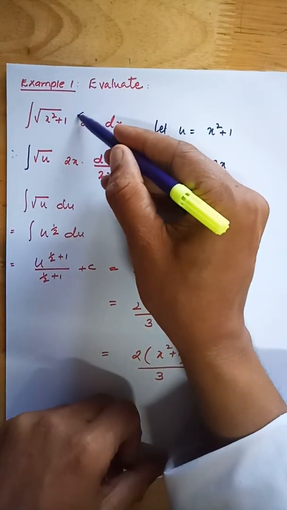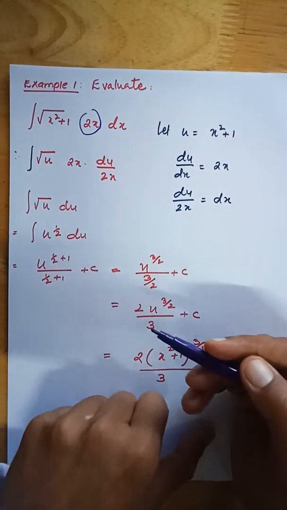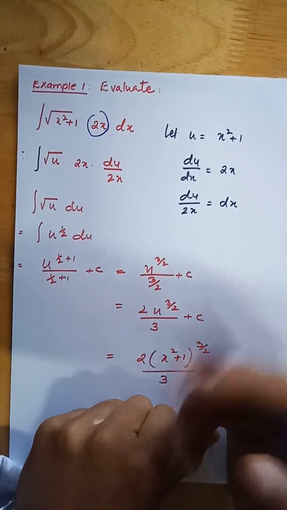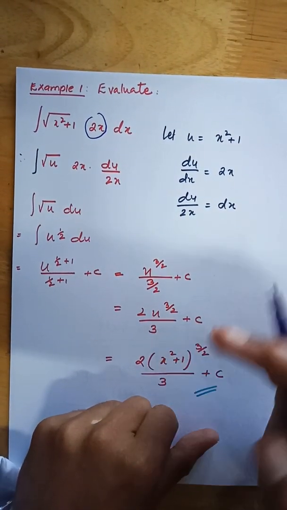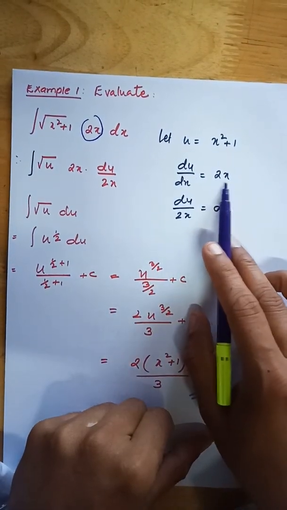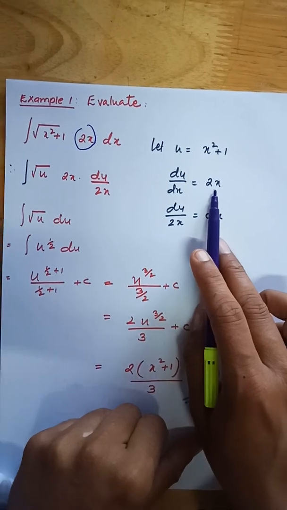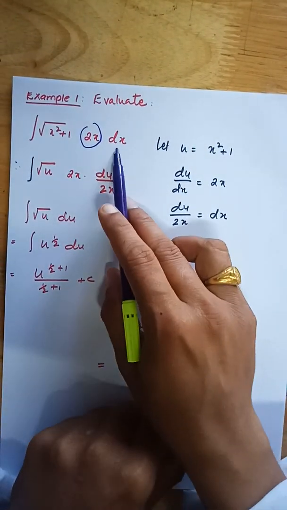So we have two functions here. We have 2x and a root is there. Since a root is there, as I told you before, whichever function is there inside the root, you take that function as u. Differentiate it, so we are getting 2x. Okay, so 2x is obtained, the other function here. Now what you need to do is find dx.